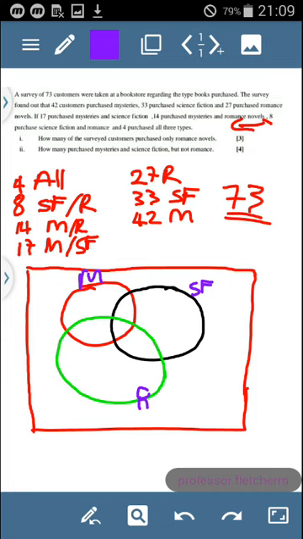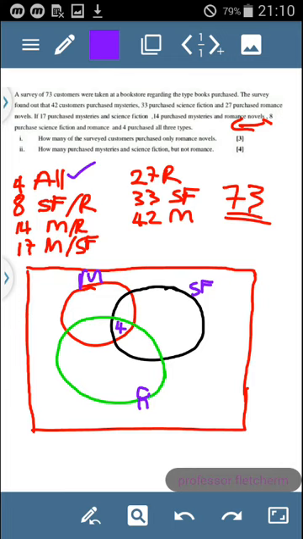So from this information, 4 got all books. In other words, the intersection of these 3 sets, we are going to have a 4 in there. And then from there onwards, we had that 8 purchased science fiction and romance.